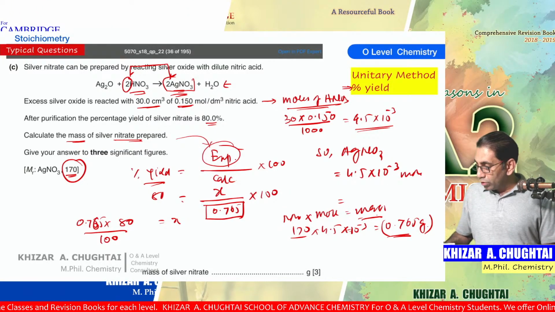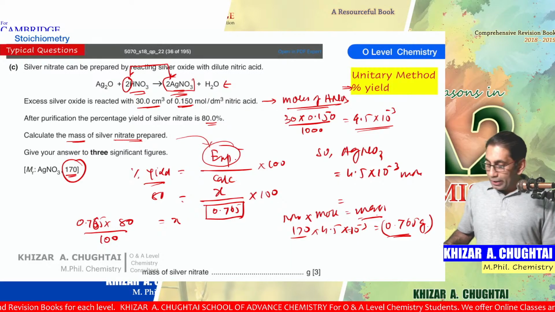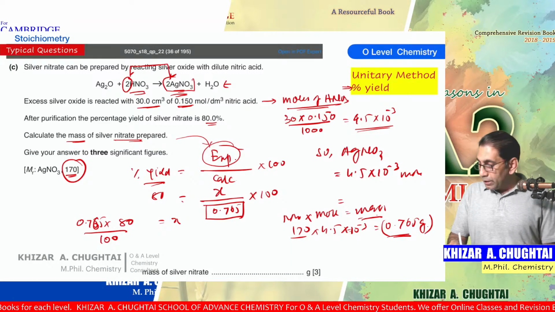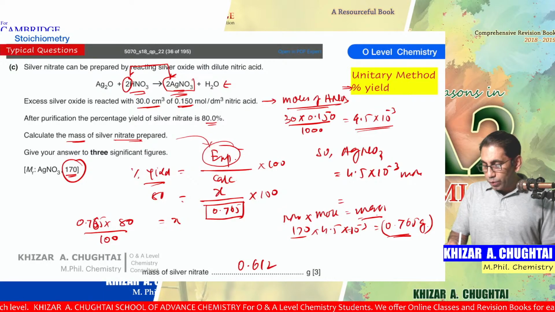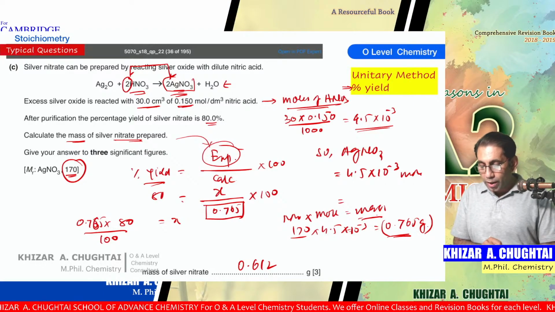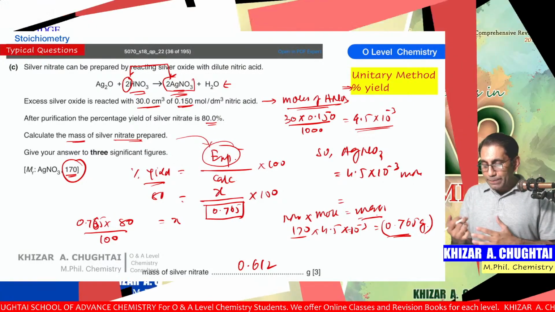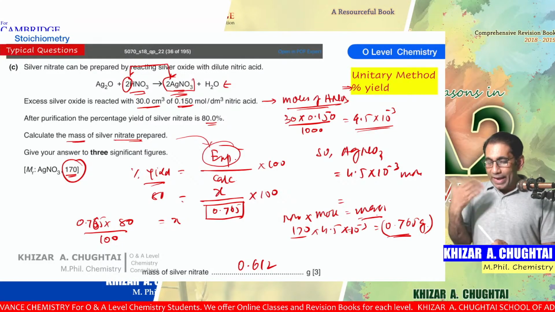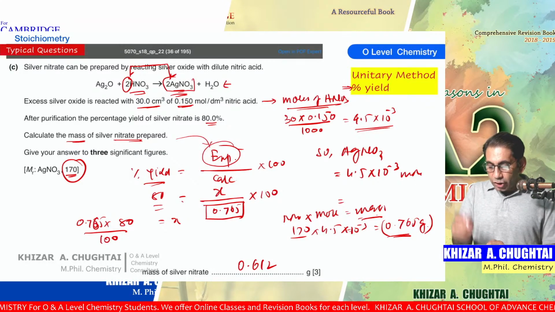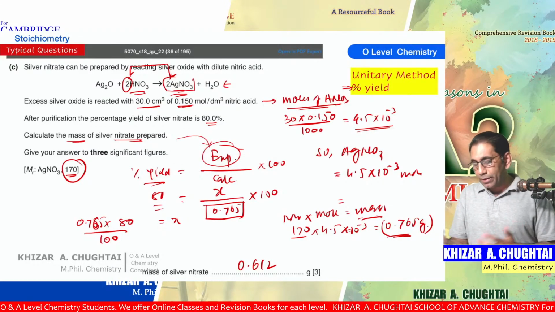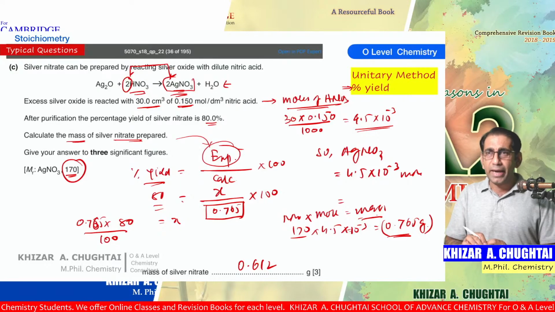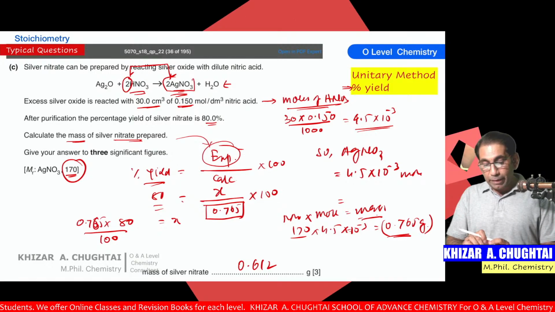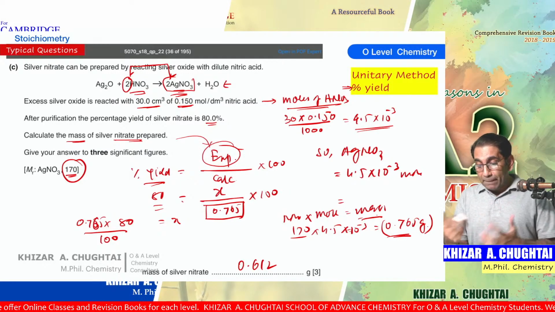If I'm not wrong, the answer is 0.612 gram. If the mass obtained experimentally is equal to 0.612 gram, then at that time the percentage yield will be 80%. This is the easiest method as far as my knowledge, my opinion, my experience is concerned.